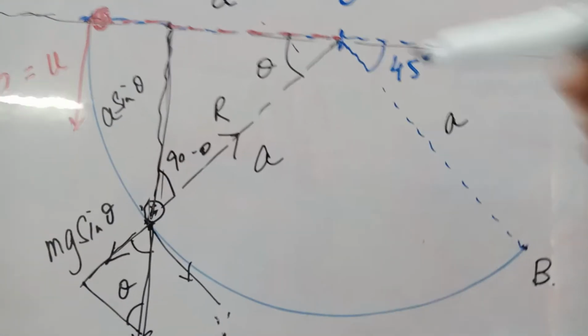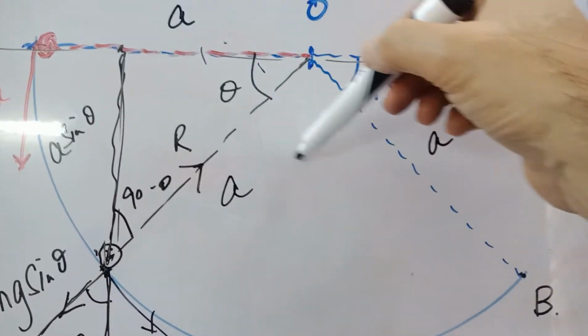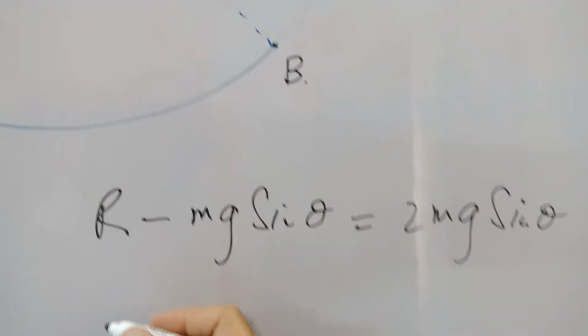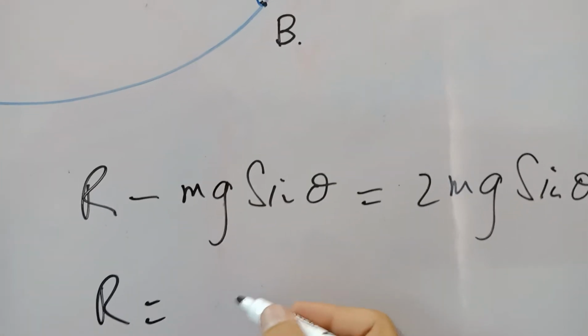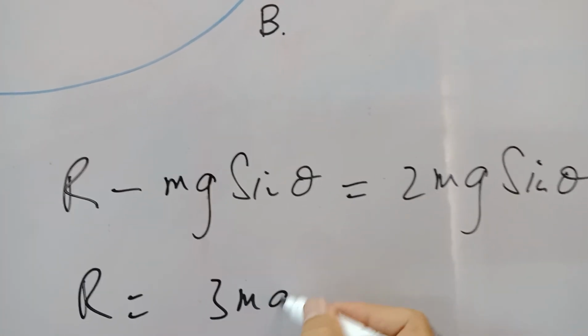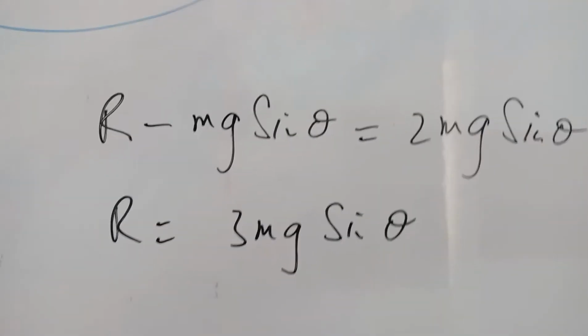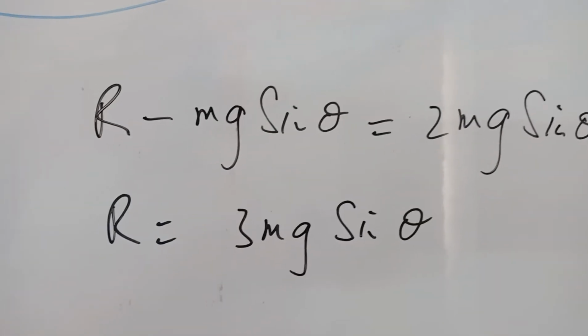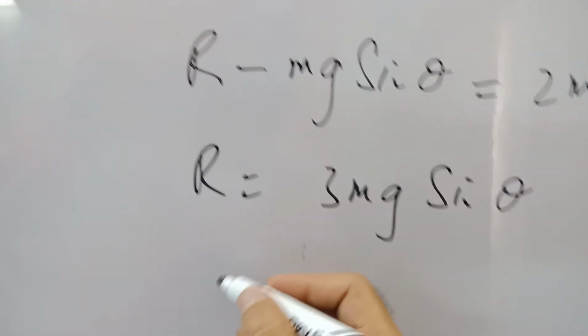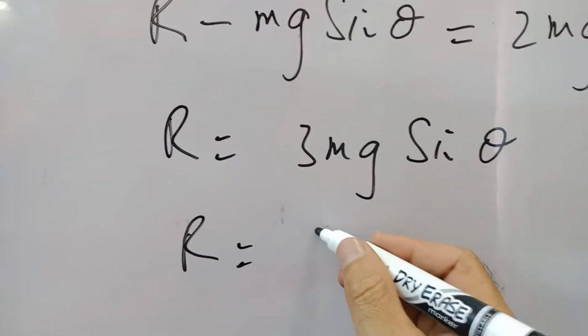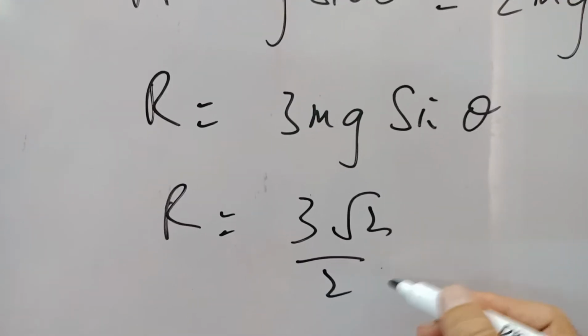Do you agree with this? All the way from this position to this position. First of all, R is going to be 3 mg sine theta, and you know what sine 135 is, that is root 2 over 2. So R is going to be 3 root 2 over 2 mg.